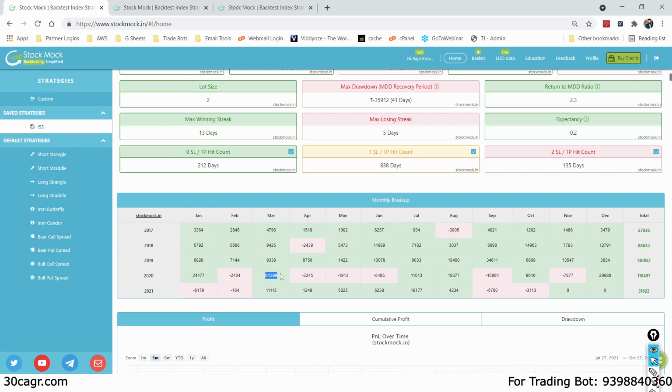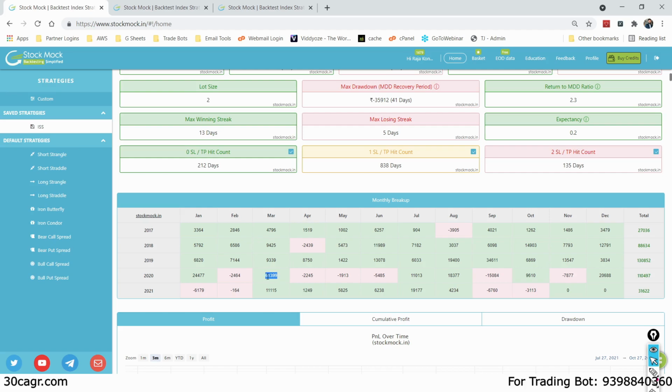And in some backtest results, you also see that April month also has given a lot of profit. You have to subtract this because these profits cannot be reproduced unless there is a black swan event again. And black swan events happen once in 5 years or 10 years. And so it is extremely unlikely for us to have these profits in our practical trading accounts.